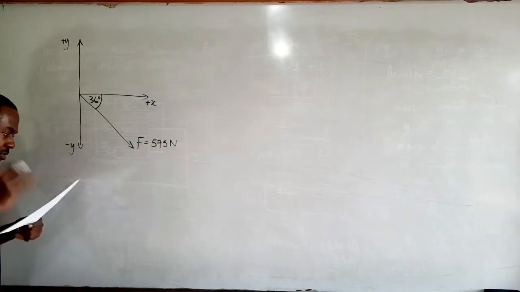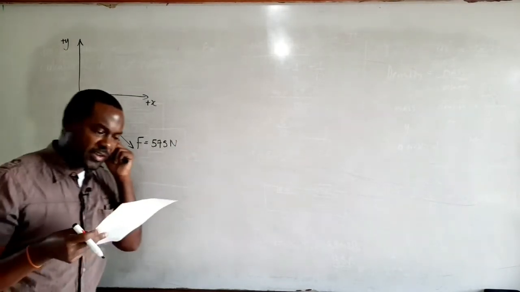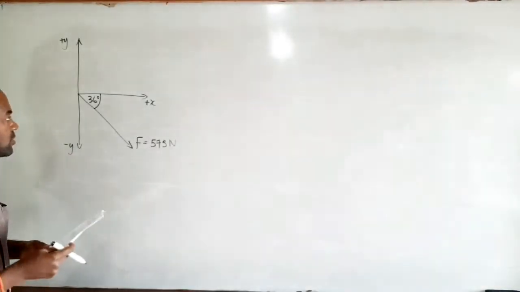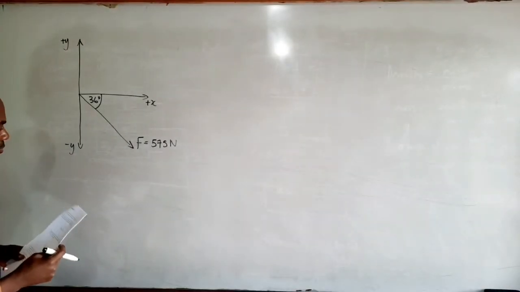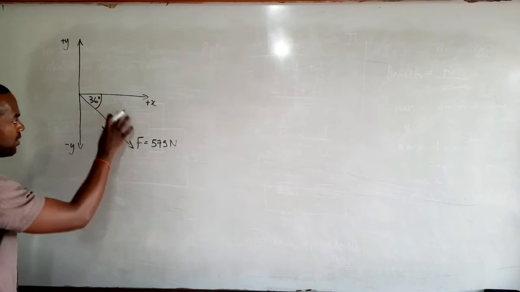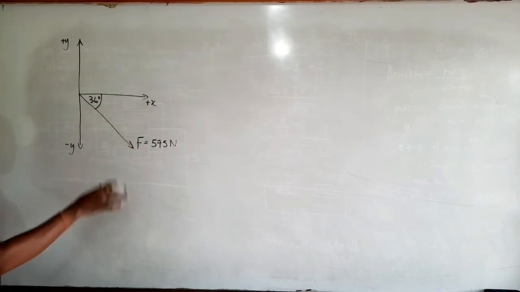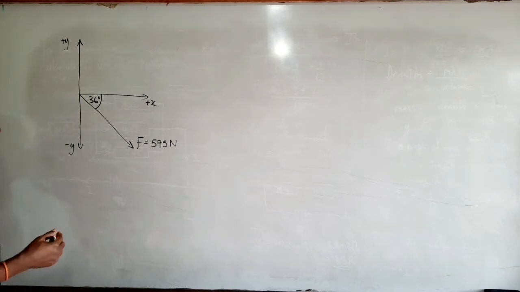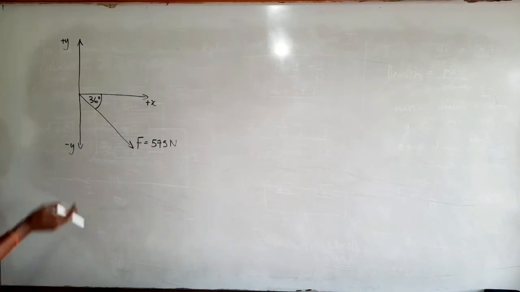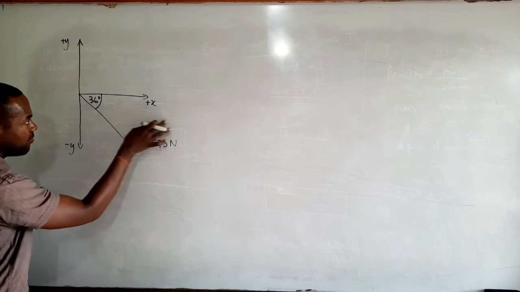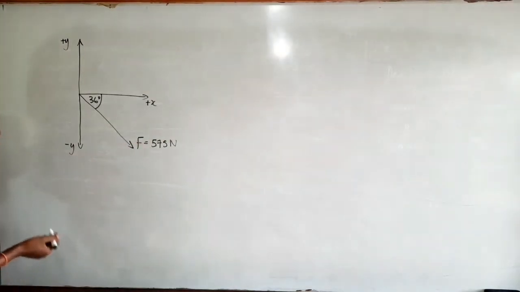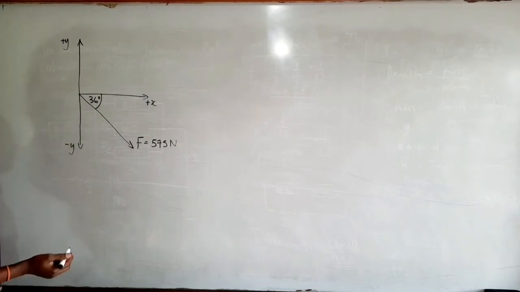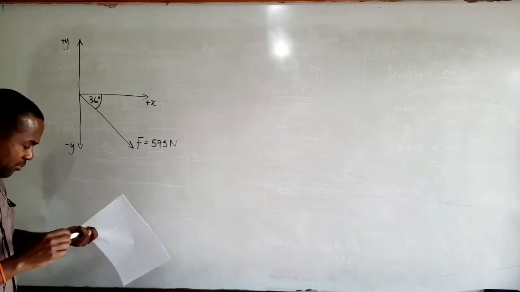So for part A, they want us to find the x scalar component and for B, the y scalar component. Now basically we see that this force is acting downwards from the positive x-axis, and we will resolve it into its components. So it will have an x component acting in that direction and a y component acting in this direction.